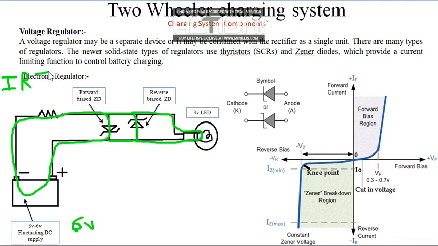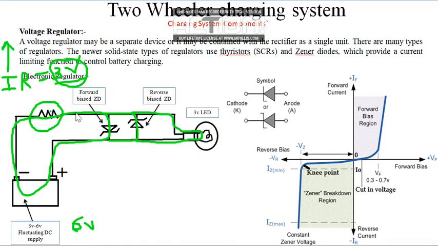How much voltage drop needs to take place across this resistor if 6 volt is supplied, in order to maintain 3 volt across this diode? 3 volt needs to drop across this resistor, so the current should be regulated in such a way by the Zener diode that the multiplication of I into R gives a 3 volt drop across this resistor.